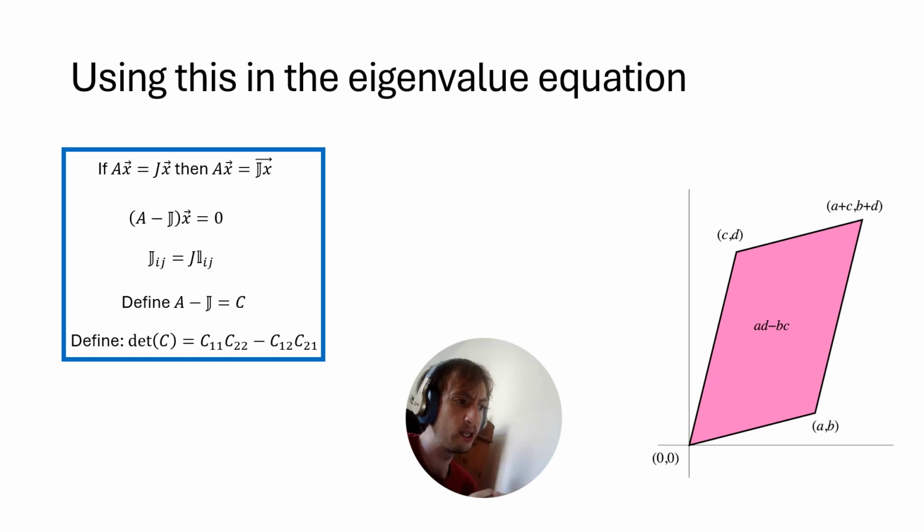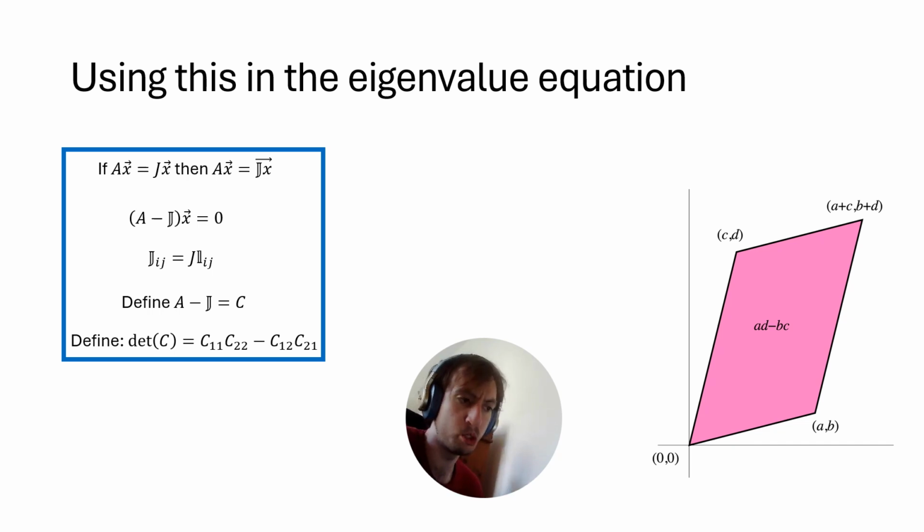And to make things simple, because A is a matrix and now J is a matrix, A minus J is going to give me another matrix. Because we saw adding matrices together gives me a matrix, so logically subtracting, the inverse of addition, should also give me a matrix.